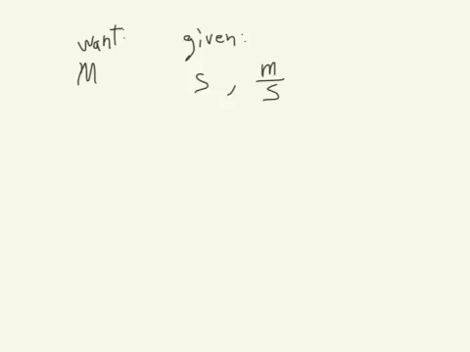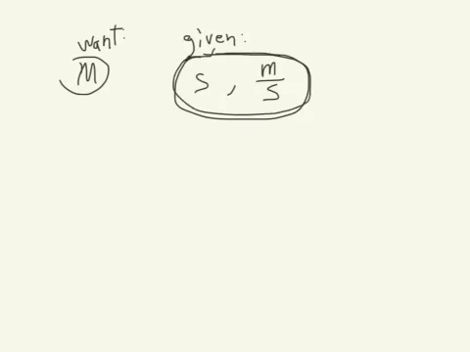So we have to do operations on seconds and meters per second in such a way that the units will cancel to give meters. And we can see that if we multiply these 2 units by each other, we will end up getting meters per second times seconds, seconds on top divided by seconds on the bottom, and that unit will cancel and we'll be left with just meters, which is what we want.